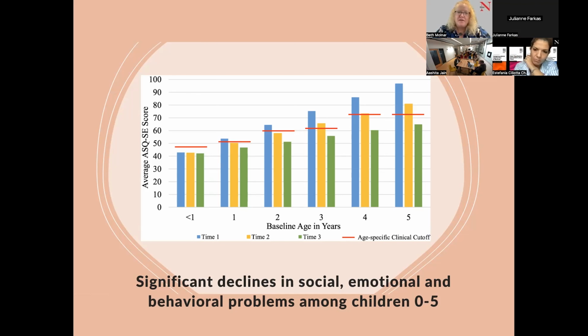So we were hoping that would come down, and that is what we showed. So in the yellow and the green lines, you can see that those are now mostly below the clinical cutoff. So on average, the kids were no longer in the clinically concerning range of those screeners about their behavior problems and social emotional issues. So that was great. And we were able to show some of these same changes in the parents too. Next slide.